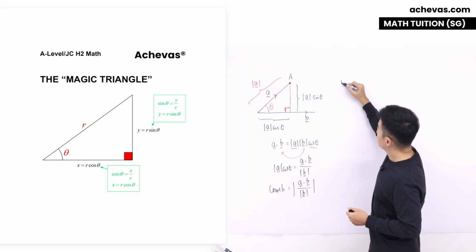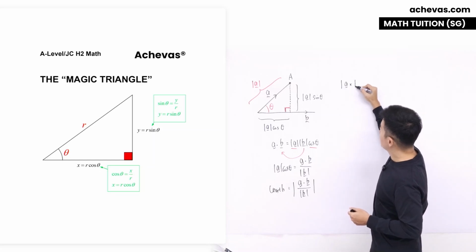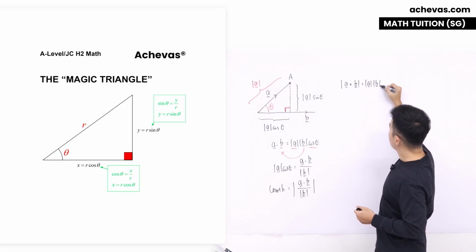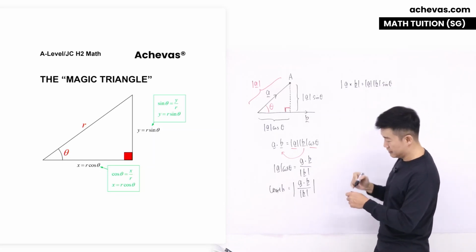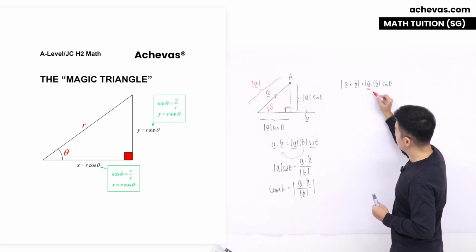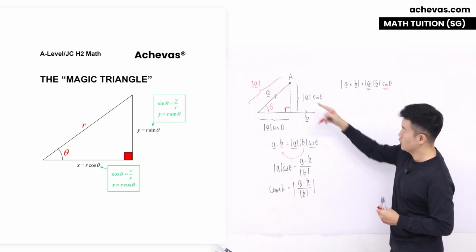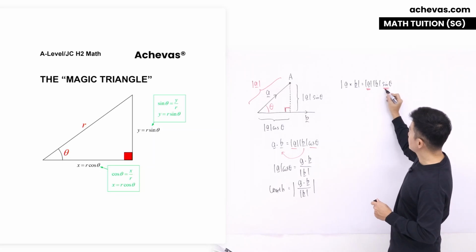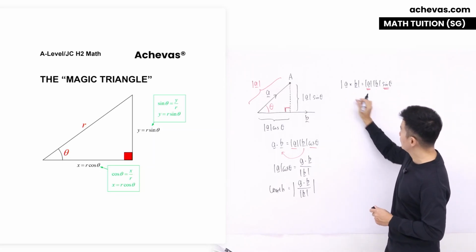Using the cross product, specifically modulus of A cross B is equal to modulus of A, modulus of B, sine theta. Here we can see modulus of A sine theta, which is what we are trying to calculate as distance. So making this the subject, modulus of B, bring it over to the other side.